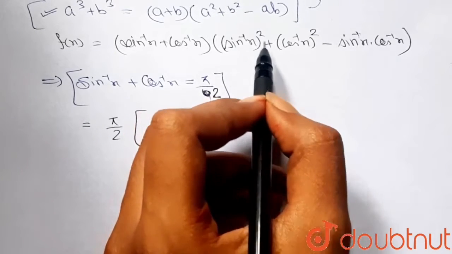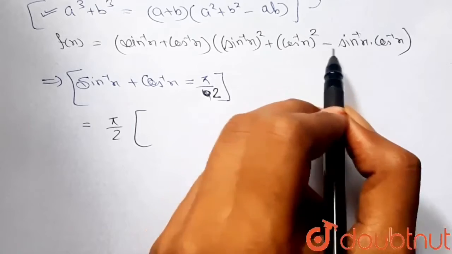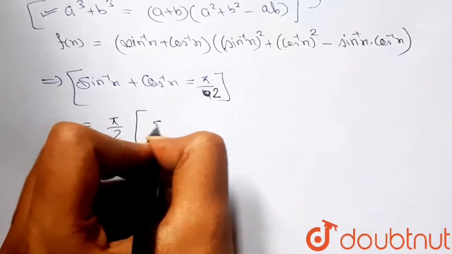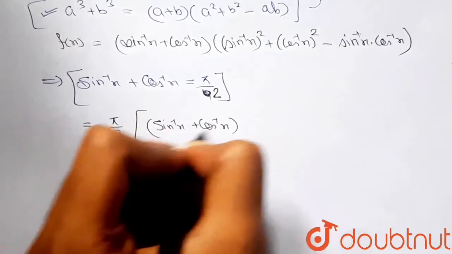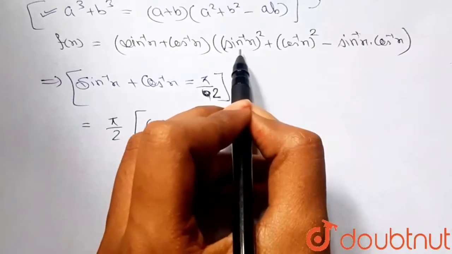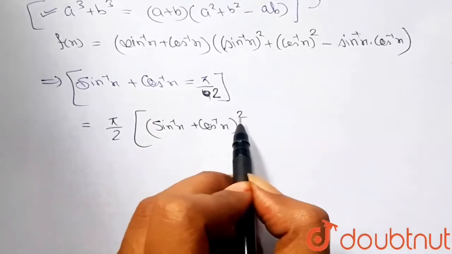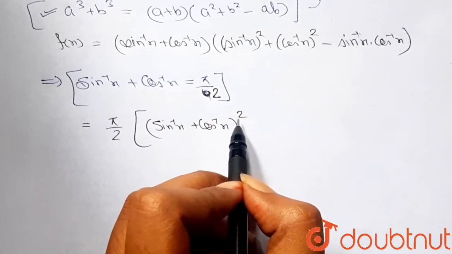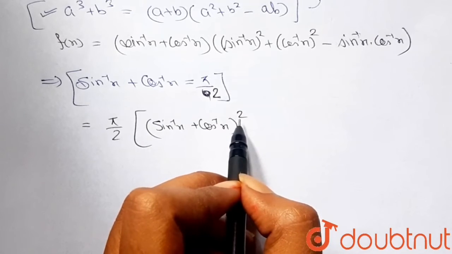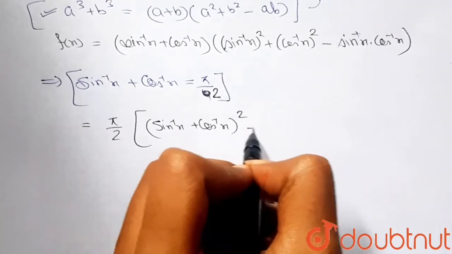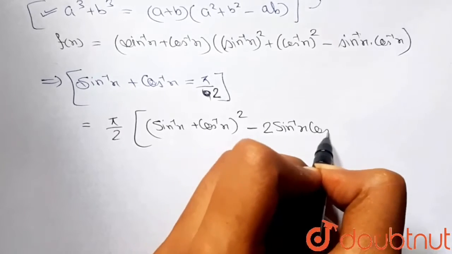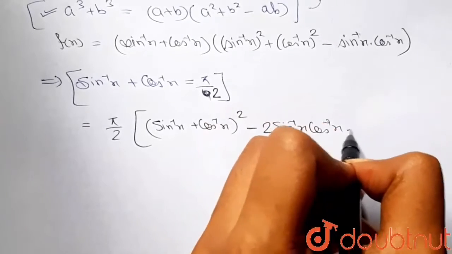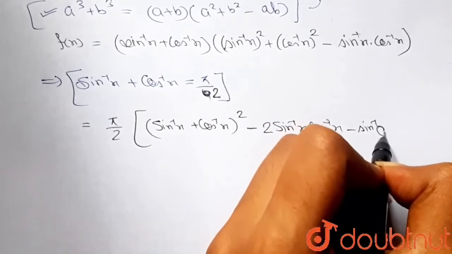We have sin inverse x square plus cos inverse x square, right? So I can write this as sin inverse x plus cos inverse x whole square. Now since we have written a square plus b square as a plus b whole square, we have to subtract 2ab, that is sin inverse x cos inverse x, and this minus sin inverse x cos inverse x will be as it is, right?